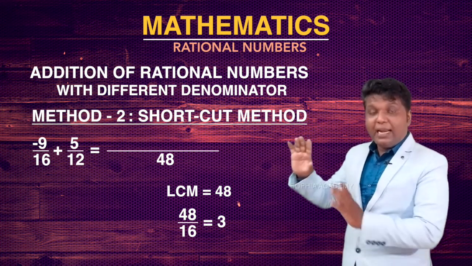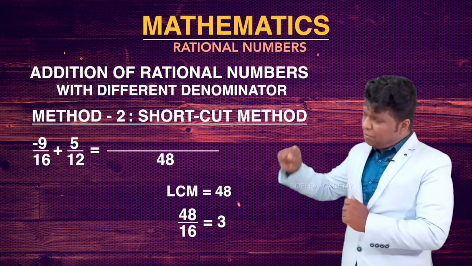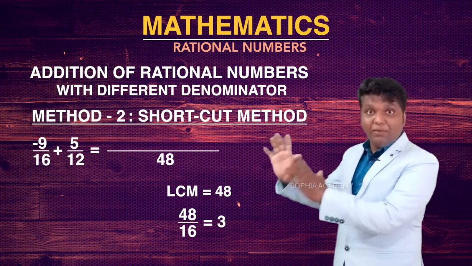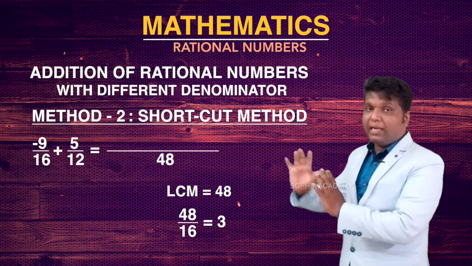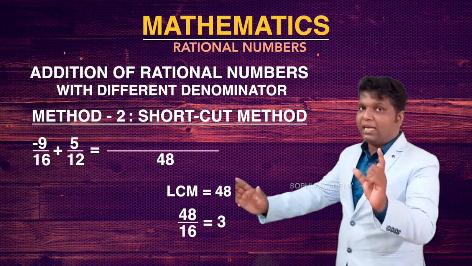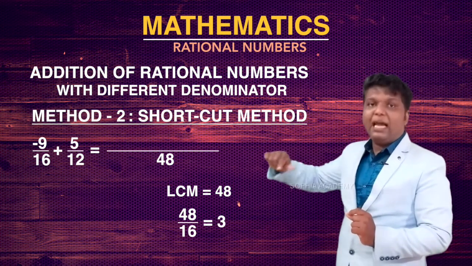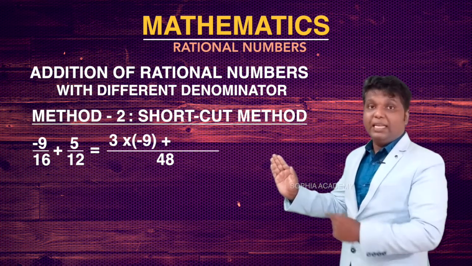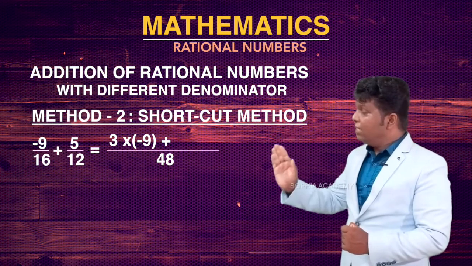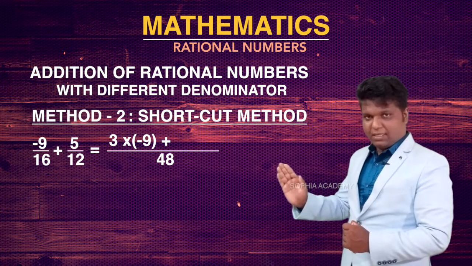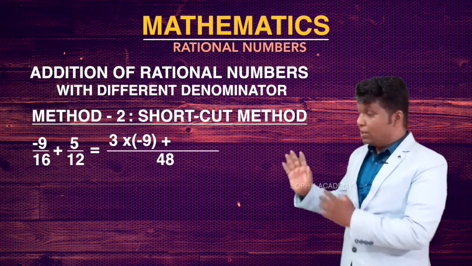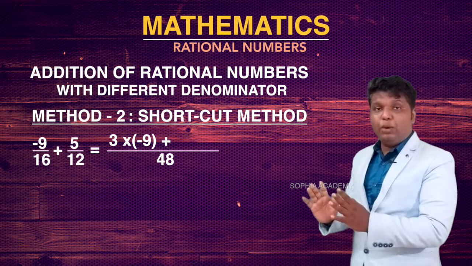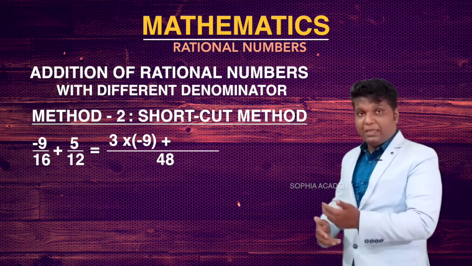So 3, that 3 into the numerator of the first fraction. We are dealing only with the first fraction, okay? First of all, divide it by the denominator, and whatever answer you get, multiply that answer with the numerator. So 3 into, what is the numerator? It is minus 9. So we will write 3 into minus 9 plus, okay, plus. What is the next term? Again, the same thing you have to repeat.